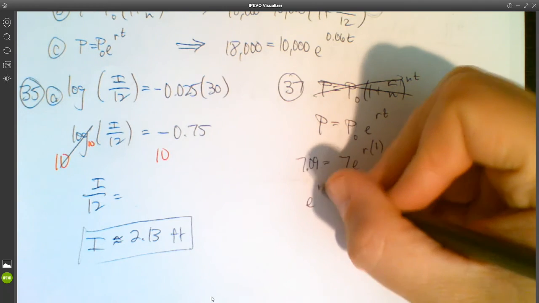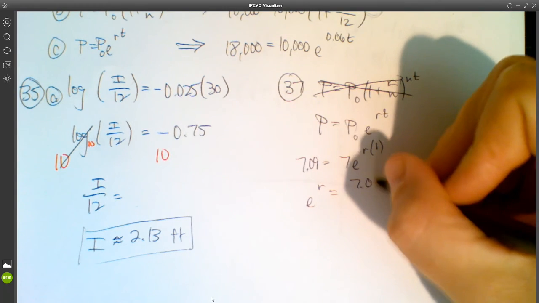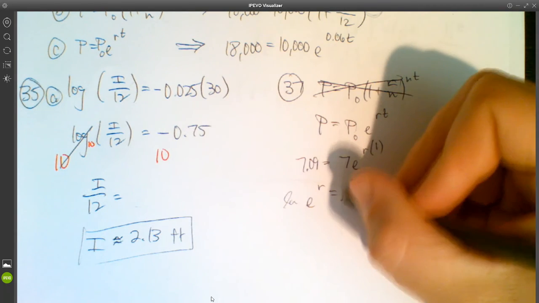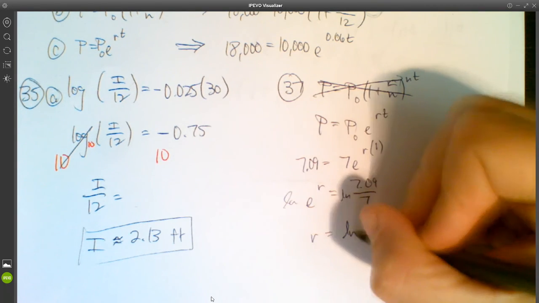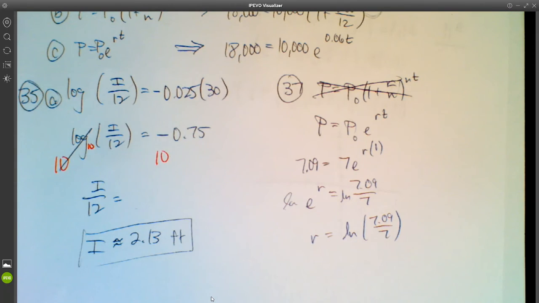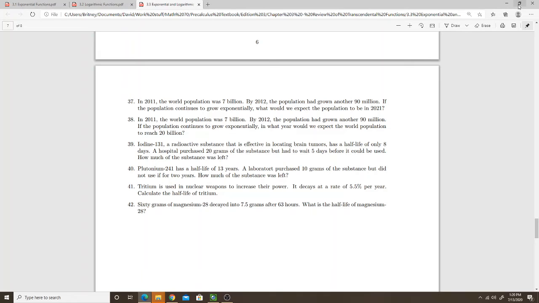So e to the r equals 7.09 divided by 7. I would take the natural log of both sides now and say r equals natural log of 7.09 over 7. Okay, so that's our growth rate. You could plug that into your calculator and get a number, I guess. But we want to know what the population is going to be in 2021.